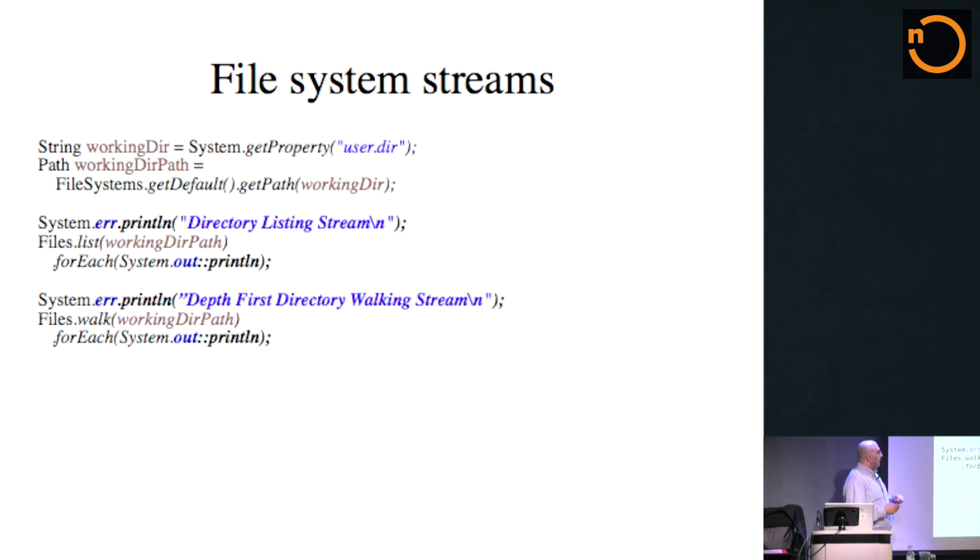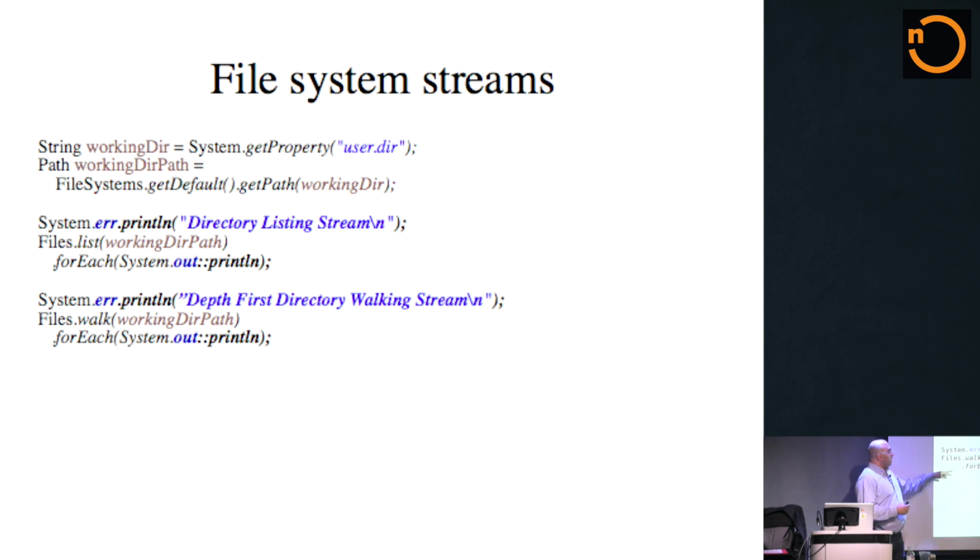Here's another one, Files.walk. What this does is a depth-first search starting from that directory all the way down. Whatever it finds, it returns each item as something out of the stream. And then whatever processing pipeline you want, you can set that up.